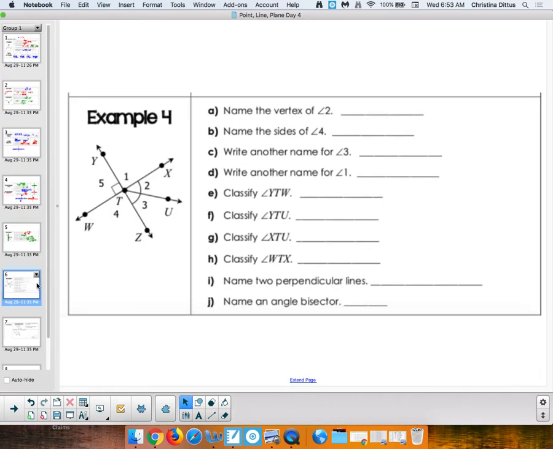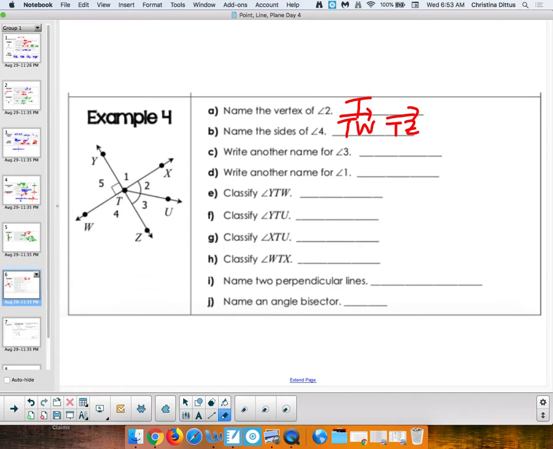Alright, last example. Vertex of angle 2. Here's angle 2. My vertex right here: T. The sides of angle 4. Here's angle 4 right here. My side starting at vertex T, go to W, so TW, and then starting at vertex T, going to Z, TZ. Those are my sides.